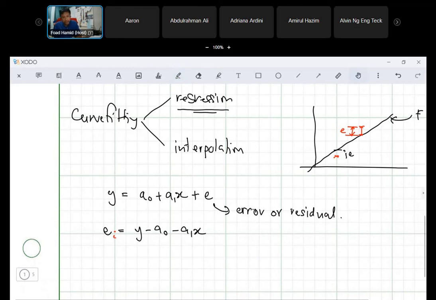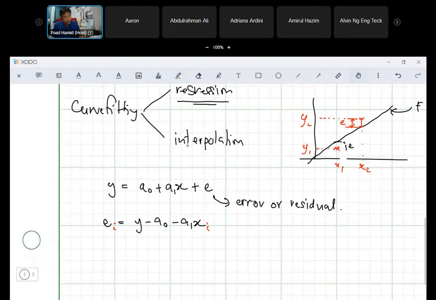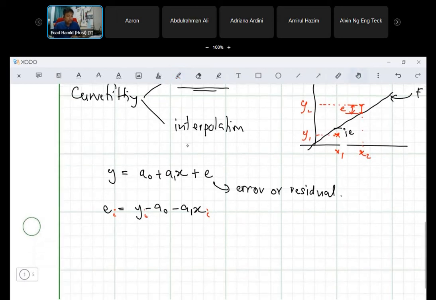So the coordinate is Xi, or maybe X1 here for our first point in the experiment. And of course, this is our Y1. Now this might be our X2, and this is our Y2. And of course, this is our Yi. So, that is only for 1 point.